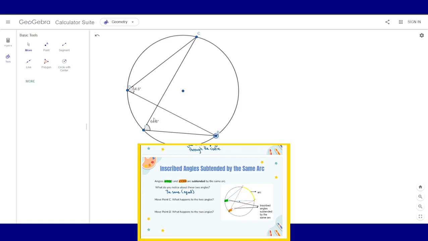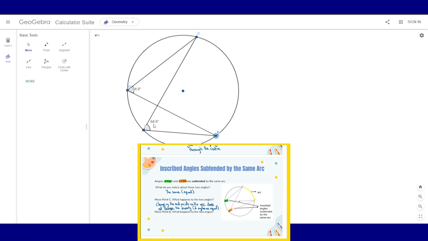The property still stays the same. So changing the endpoints on the arc does not change the property, which means the two angles are equal.